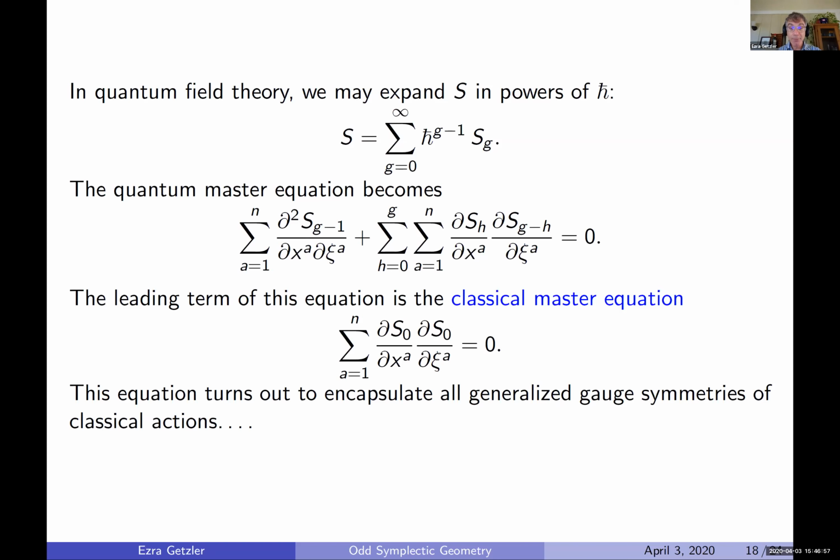This equation is, in some sense, the definition of higher Lie algebroids on differential graded supermanifolds. And so in some sense, the quantum master equation is some remarkable perturbation of this equation. Okay, I'm going to move on from that. That's not so much the topic of my talk today.